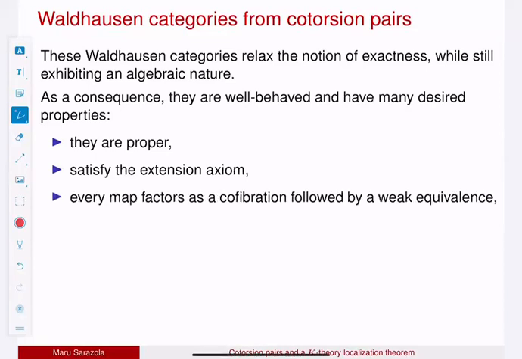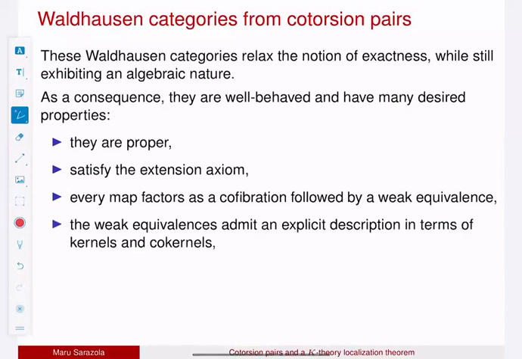We have the property that we don't usually have in Waldhausen categories, that every map factors as a cofibration followed by a weak equivalence. This is because, remember, Javi proved that two Cotorsion pairs give you a model structure, because from each of those you can determine a factorization system. Now we're only keeping one of those, so we still keep one factorization system in our category. That's what gives us this really nice property.